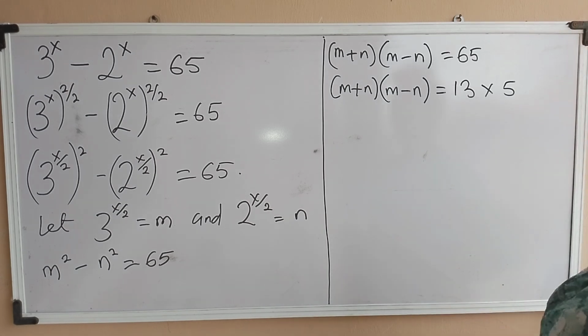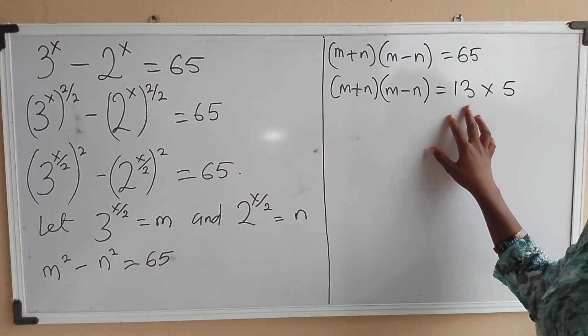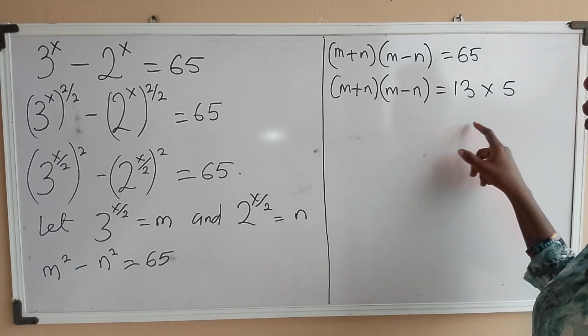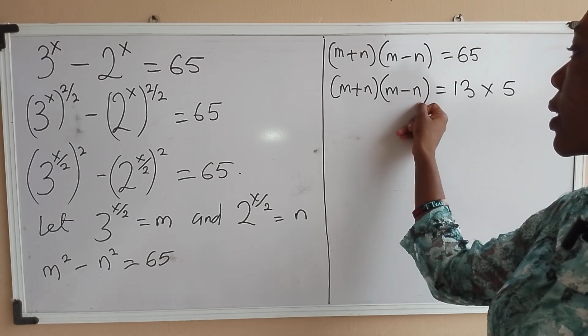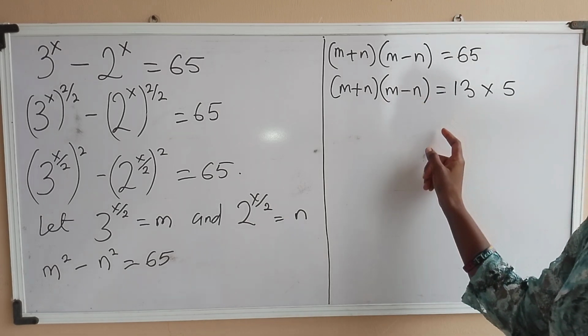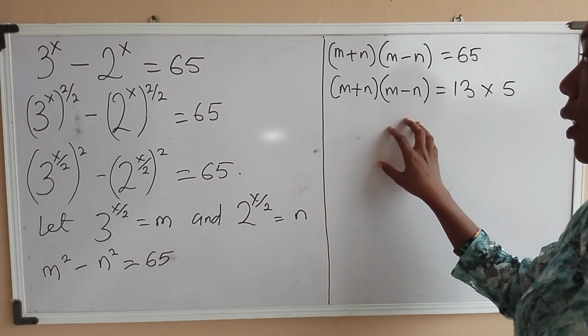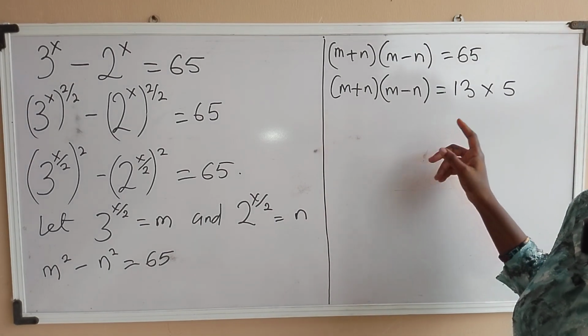Why? Because when we add, there's every tendency that we can get a big number like 13. But when we subtract, we can always get a small number. If we say m minus n equals 13, it's likely impossible because when you're subtracting, it's supposed to give you a lesser number, and when you're adding, it's supposed to give you a bigger number.